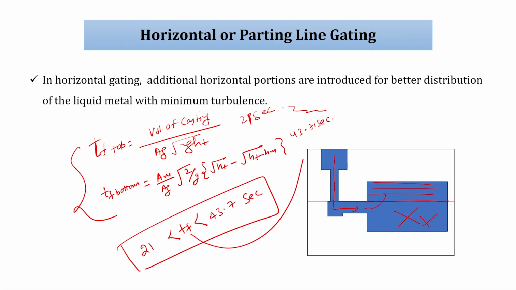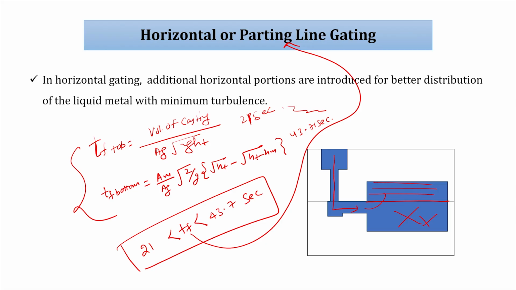In the parting line case, the filling time will be in between both. Maxima will happen with bottom gating, minima will be top gating. So parting line gating or horizontal gating will give a filling time that is the median of both. Okay, not mean or medium. I just want to say in between this value, in this range.